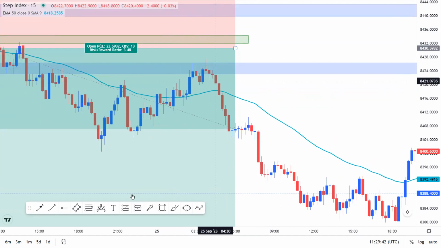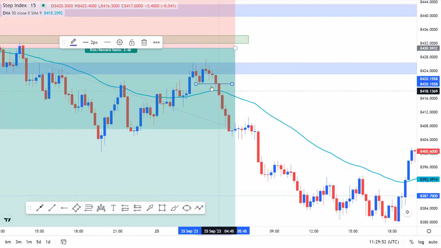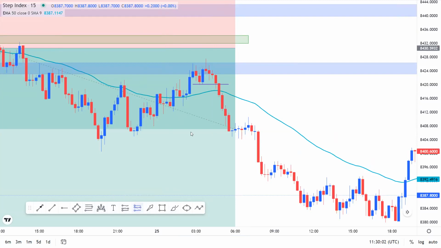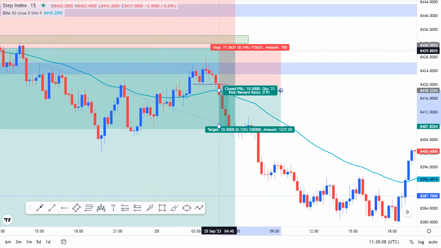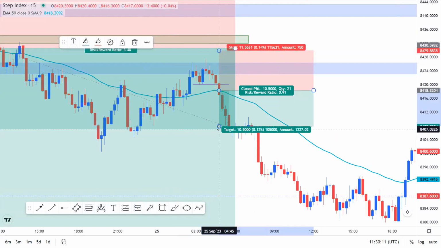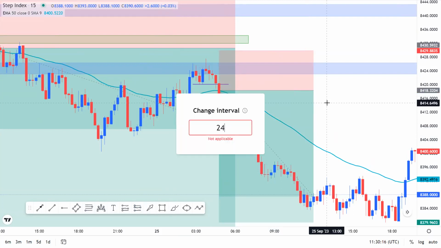And then we had a nice shift in market structure, with this being the higher low that led to the higher high right here. So as soon as we had a break below this higher low, pointing us a shift in the market structure from the 15-minute time frame, was where I entered the next sell trade with my stop loss just above the high right about here. And then taking this back to the 4-hourly time frame again.